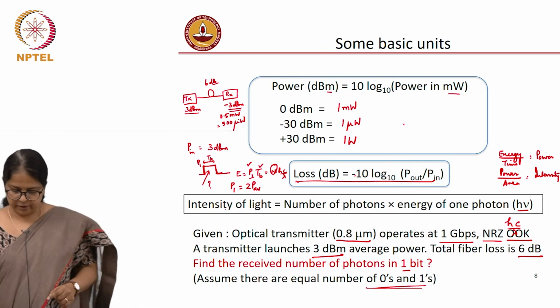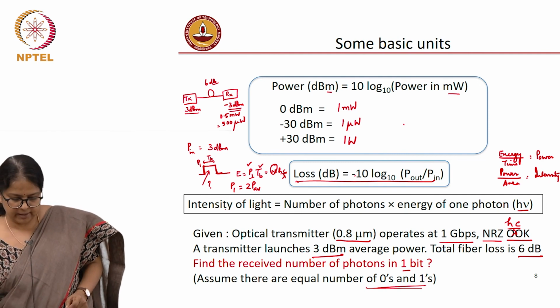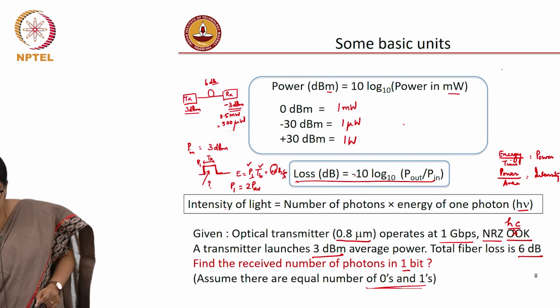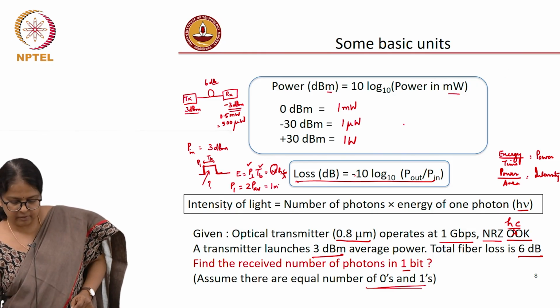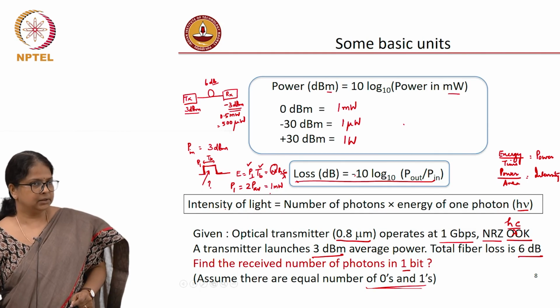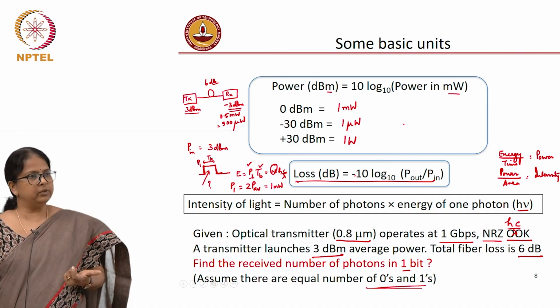c, of course, is the speed of light. So I would say P1, which is twice P average, so twice 500 microwatt, will be again 1 milliwatt. 1 milliwatt times the bit duration. Now what is the bit duration here?